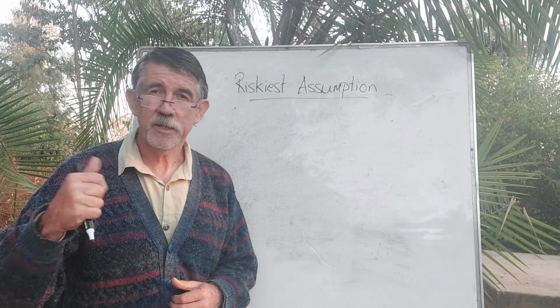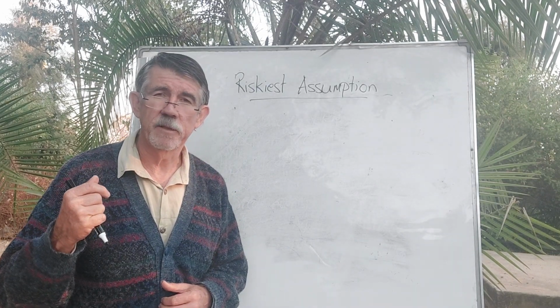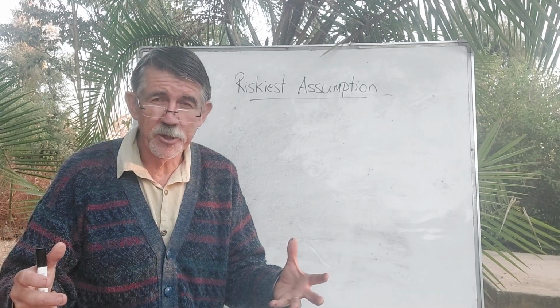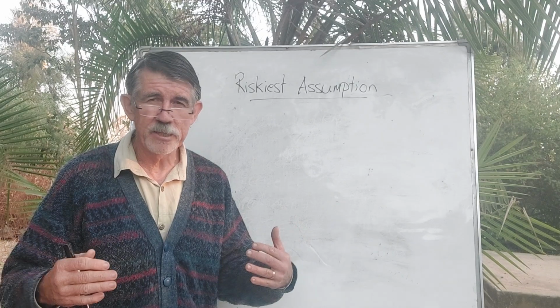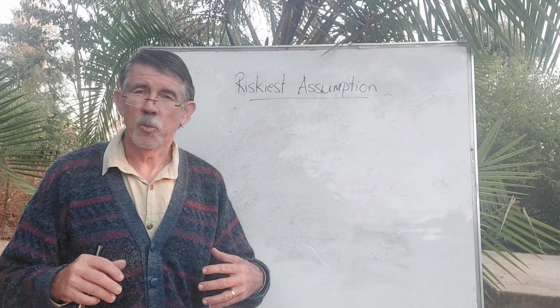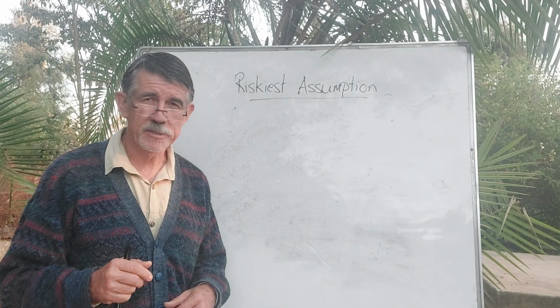You make an assumption about the yield, the price, the production that you expect to get through the season. You know, is it going to be a good season, a bad season? What are the different components that make up this enterprise?